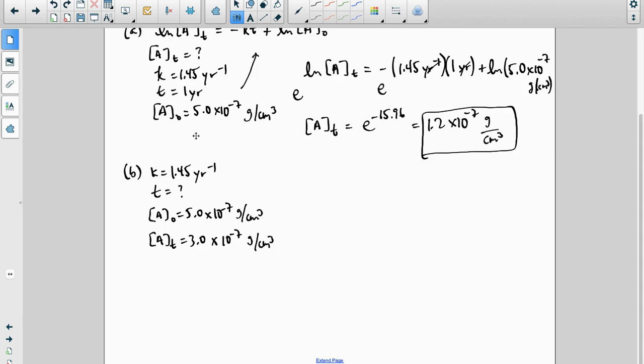Okay, so again, here we're going to plug into the integrated rate law. So natural log of 3.0 times 10 to the minus 7 equals minus kt, and then times t is my unknown, plus the log of my initial concentration.